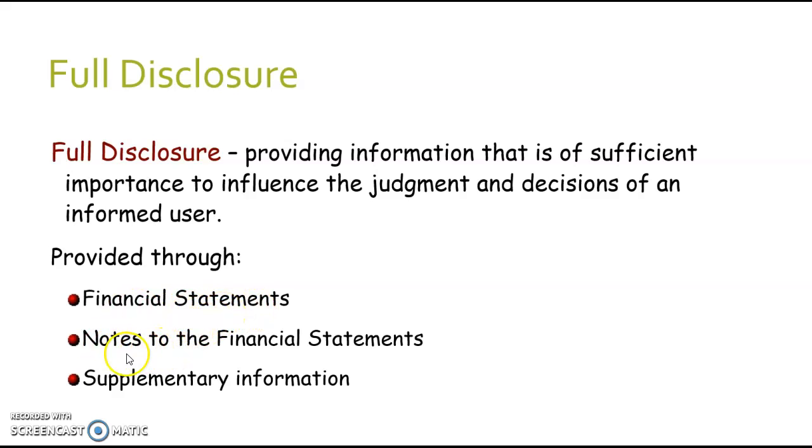Some of it will be in the notes to the financial statements. And we also have a thing called supplementary information that can be attached to the financial statements. So this way, we need to make sure that every piece of information that might be helpful to an investor or creditor should be somewhere in these documents here that we give them.